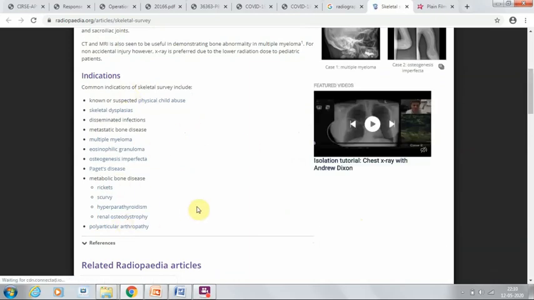Then what views are taken? You have to mention from top to bottom what radiographic views are taken. Thank you. Please go through the indications and the definition. A short question or short essay kind of question might come for the examination.